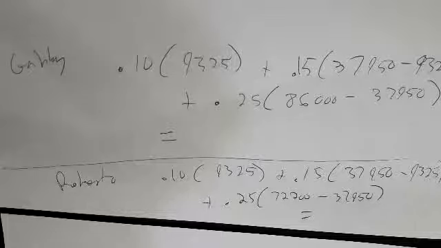I want to do this: 1 times 9,325 plus 0.15 times what, 37,950 minus 9,325, plus 0.25 times what, 8,600,000 minus 37,950.